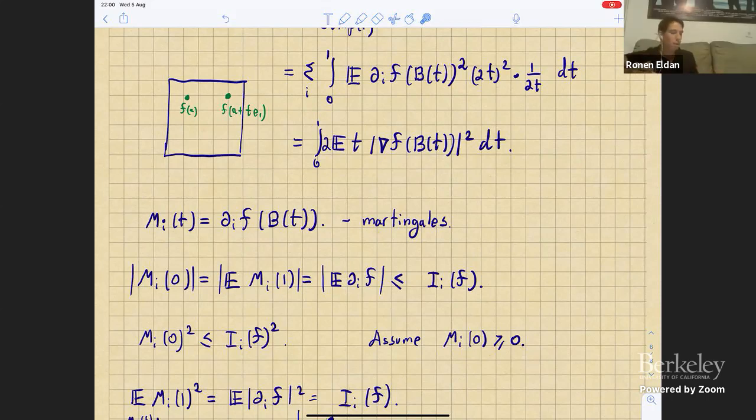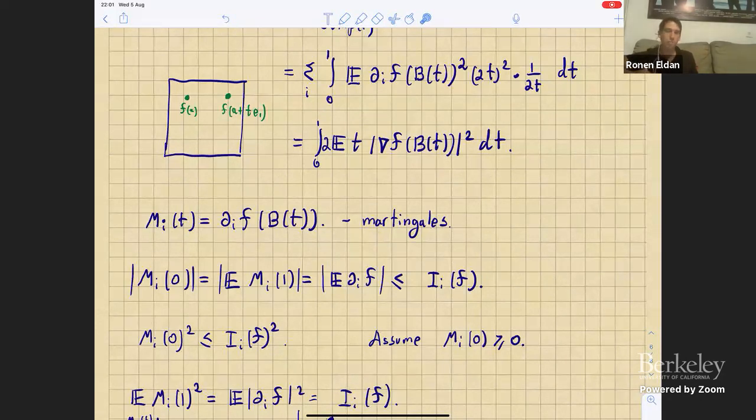In other words, if we take a function with small influences and we look at this process f of B_t, f of B_t tells me where I expect the Brownian jump process to end, at the point where f is equal to 1 or at the point where f is equal to -1. Almost until time 1, we have no idea where we're going to land. This is sometimes called noise sensitivity.